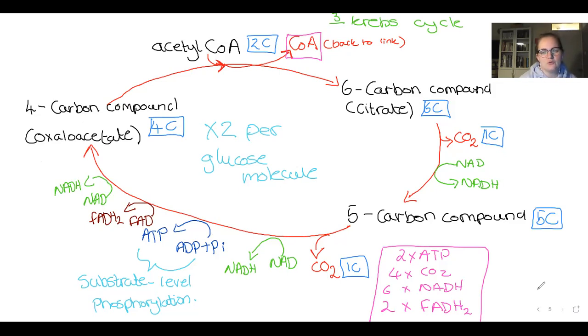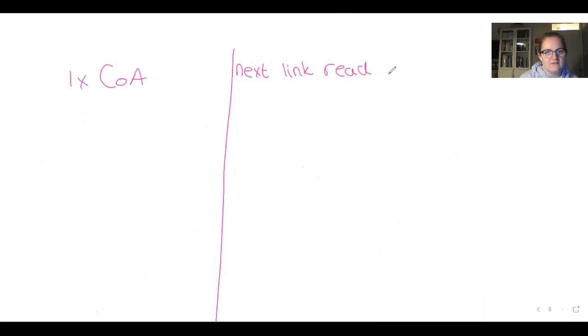So let's see what happens to all those products of the Krebs cycle. We've got one molecule of coenzyme A, and that is going to be recycled back and used in the next link reaction.